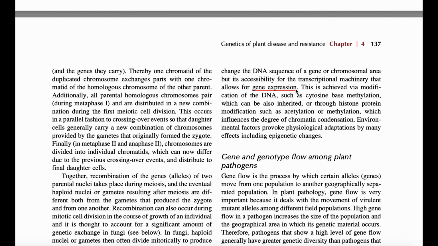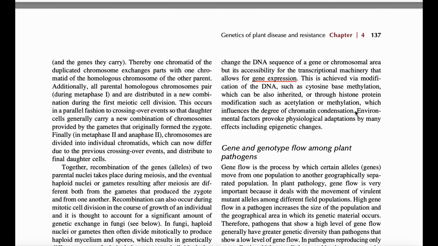So in this type, they do not change any gene, no addition, no deletion. But they change its expression, meaning the result. So they somehow change the outcome. The environmental factors provoke physiological adaptation by effects including epigenetic and genetic changes.